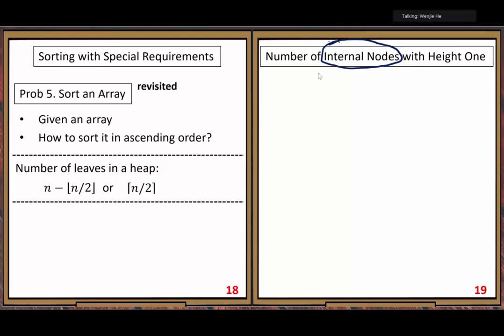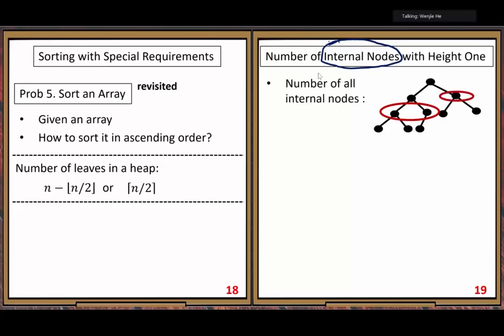The leaf nodes, people also call it external nodes. Internal means non-leaf node. If a node has a child node, then we call it internal node. So here you can see all these nodes are internal nodes.